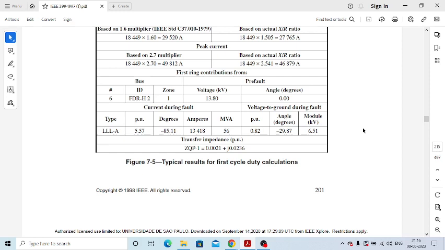In a generator and motor, we have one rotational part called the rotor, and the rotor has some mass. Whenever the rotor is rotating at the rated or synchronous speed, that rotor has some inertia.